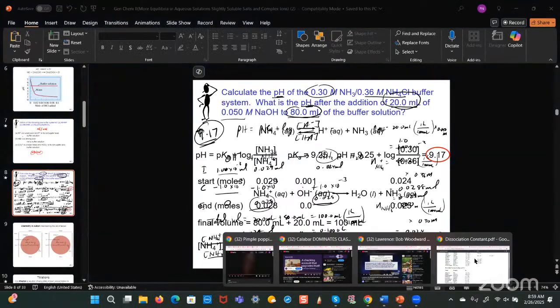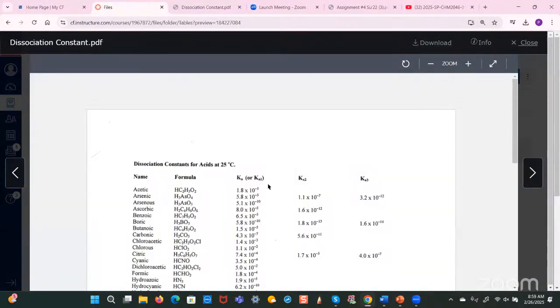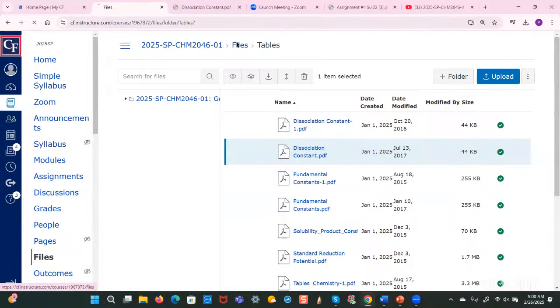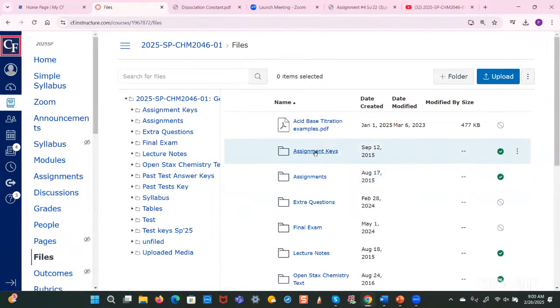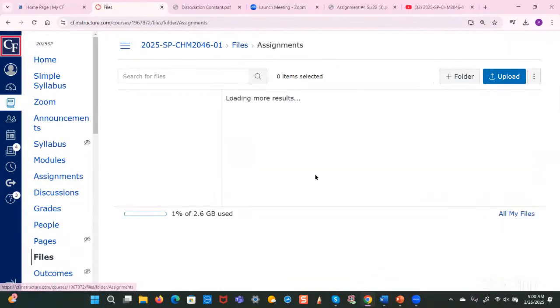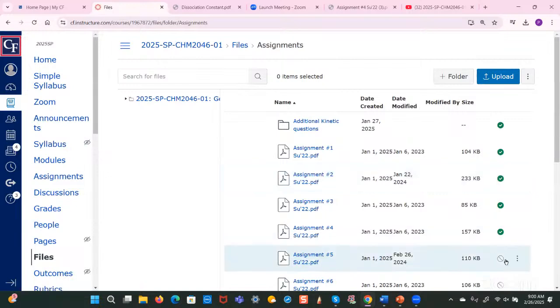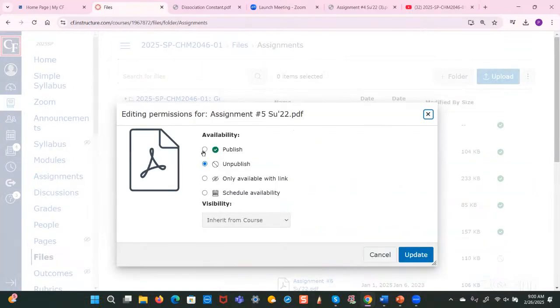Let me pull up assignment number 5. Okay, let me publish it first. For those of you, I think I have some copies of assignment number 5, so I might as well give it to you now. Where is it?